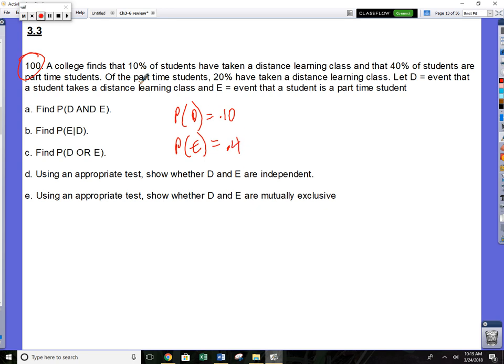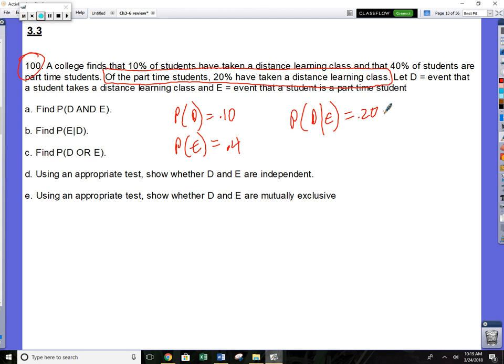Of the part-time students, 20% are taking distance. This is kind of clever. This is pretty cool. This is like going back to 3.1. What they're telling you is that the chances of them taking a distance class given that they are part-timers is 20%.